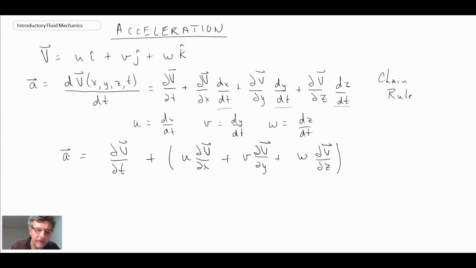We will refer to the first term here as being the local acceleration. That is at a given point. And then the second one is referred to as being the convective acceleration.